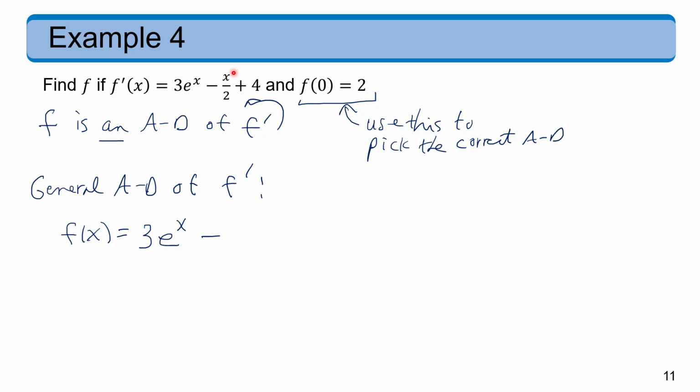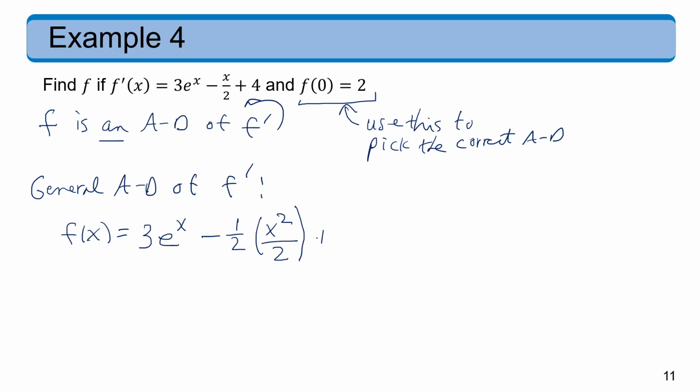So we could view this as minus 1/2 times x. The minus 1/2 is a constant. We just carry that along. And then we need the antiderivative of x. Well, x is like x to the first power, a power function. So we raise the power by 1, make it the second power, and then divide by the new power. That finishes the second term.